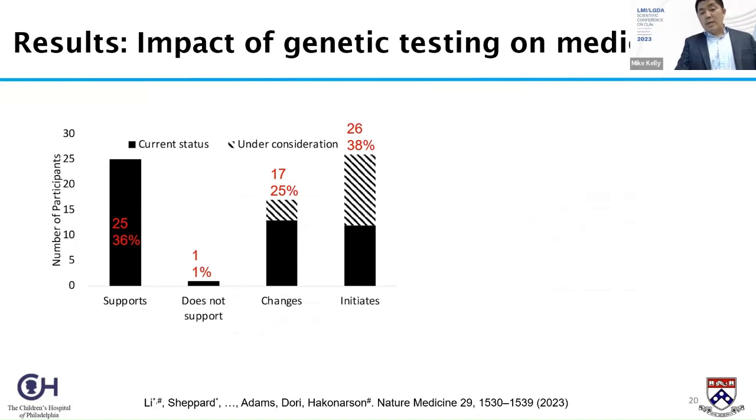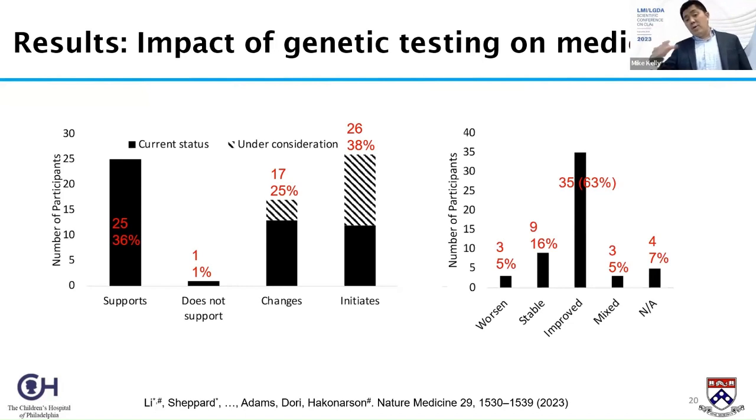So with that, we wanted to see if this could help patients with medical therapy, and indeed, in about 60-70 patients it impacted their medical care. For example, in 43%, 25 patients, it supported the current use of the inhibitor, and in 17 patients, it led to a change to another inhibitor because of the mTOR pathway or MAP kinase pathway, and another 38% either initiated or plan to initiate the therapy.